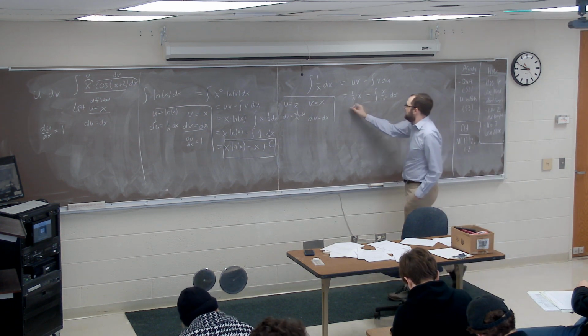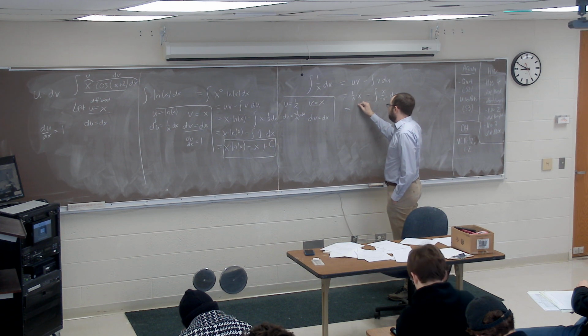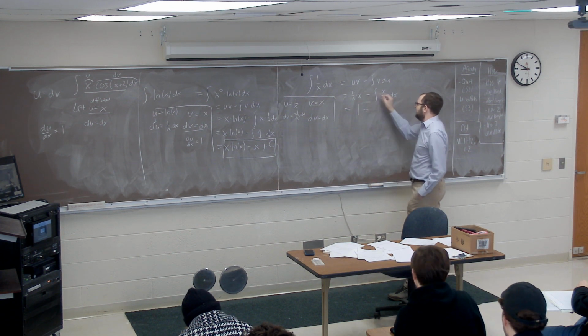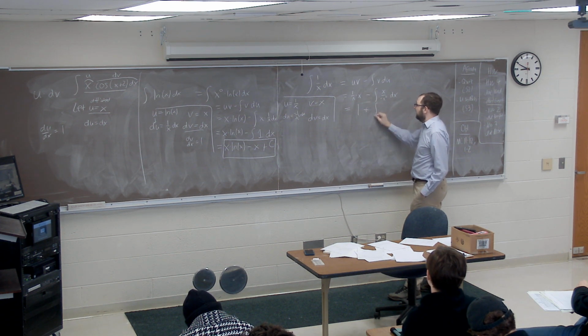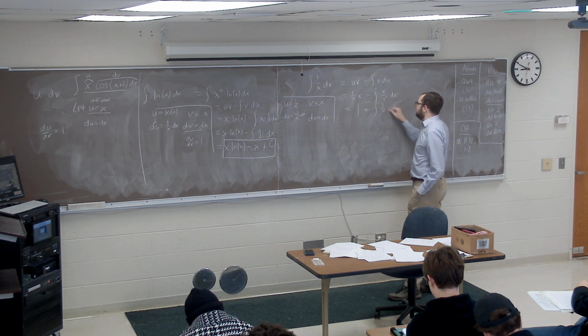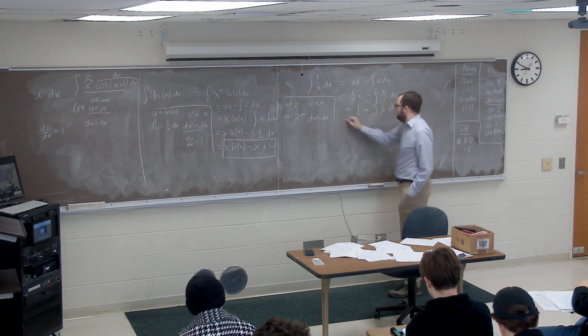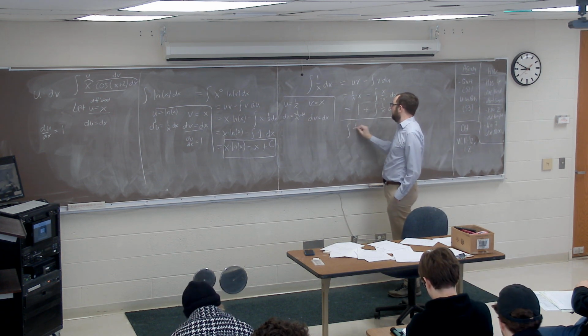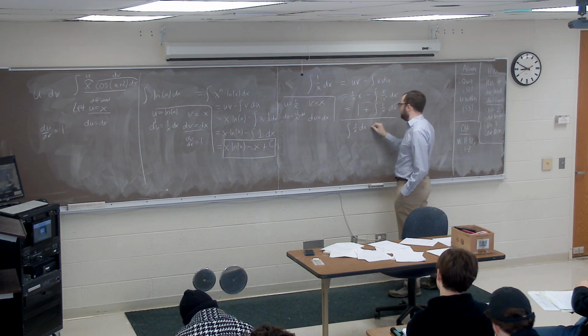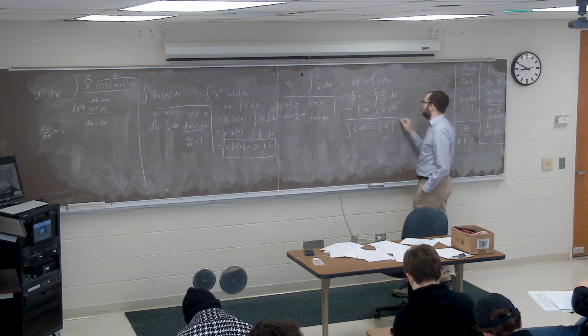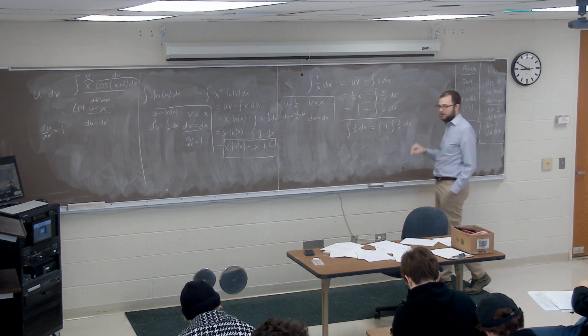If we simplify this a little bit, we'll get that this integral is equal to 1, minus minus becomes plus, the integral of 1 over x dx. And we end up with the expression integral of 1 over x dx is equal to 1 plus the integral of 1 over x dx.